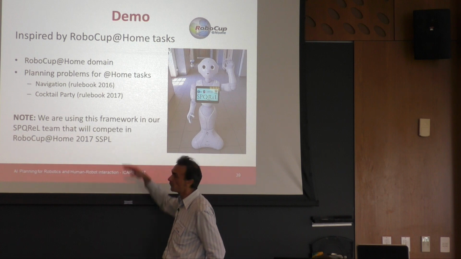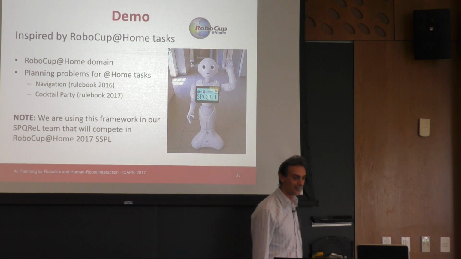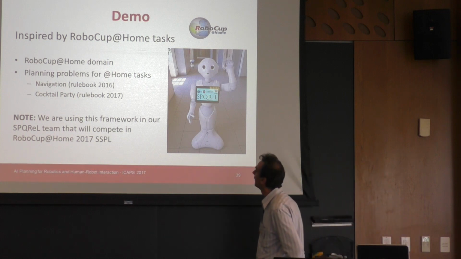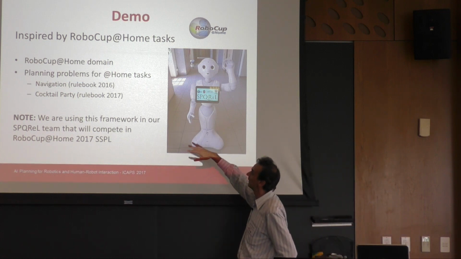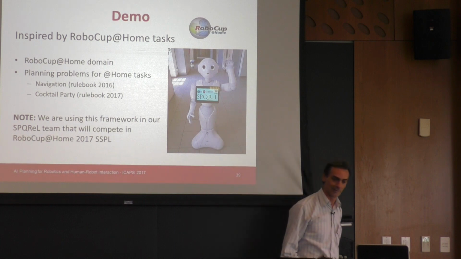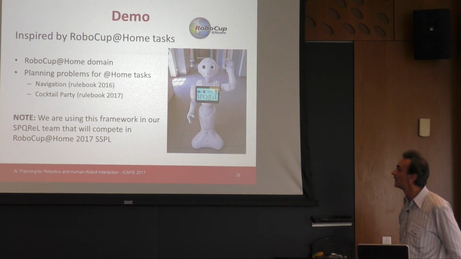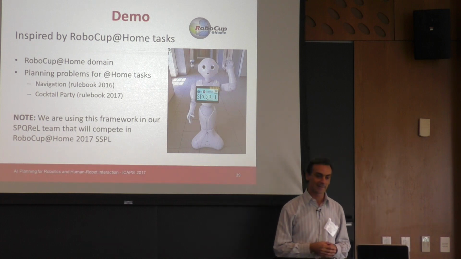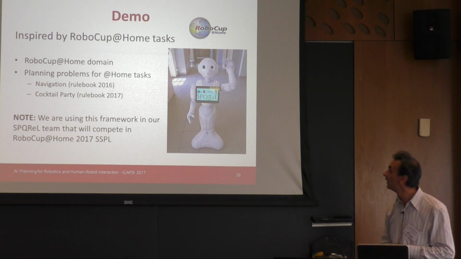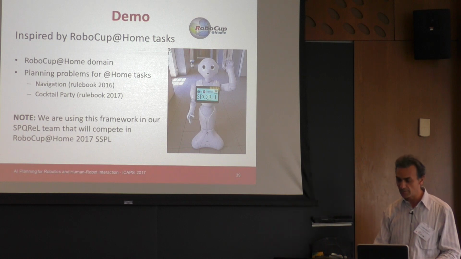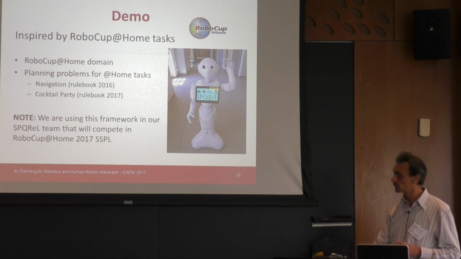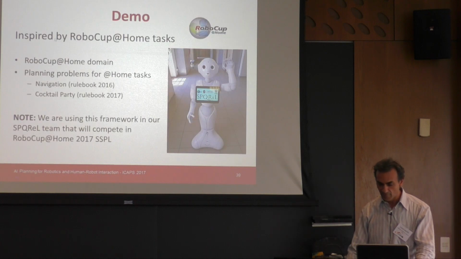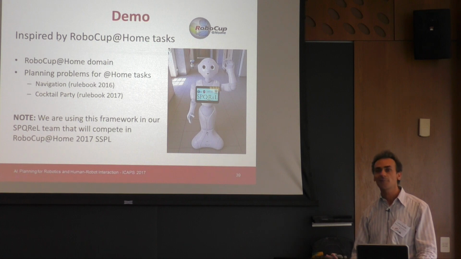And actually we are using this framework for our team that will compete in the RoboCup at Home in 1 month from now, not with this robot, with the Pepper robot. So we hope that we can show that this technology is useful to solve problems in real systems. Okay, any questions so far?